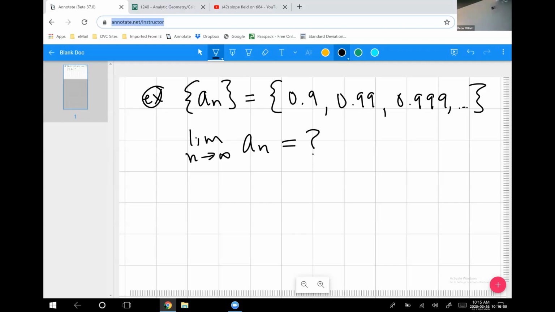So this puts us in a position of evaluating limits as we had before. And if you have a formula that expresses the nth term in the sequence, then you could literally just take the limit of that formula as n goes to infinity. And then that would just be a limit problem.